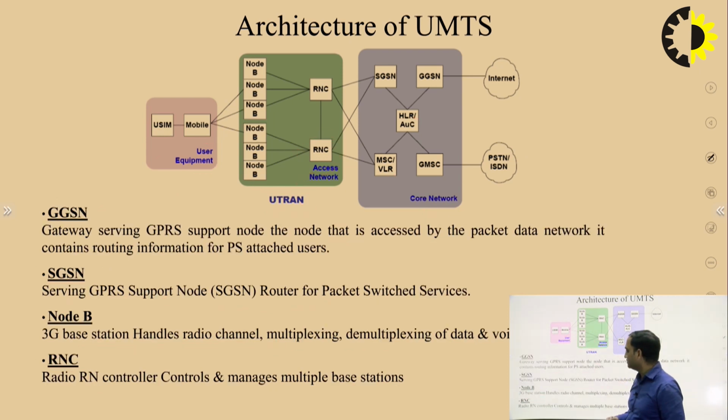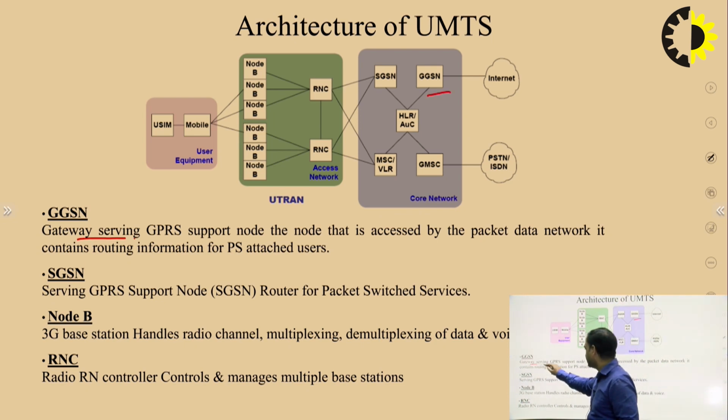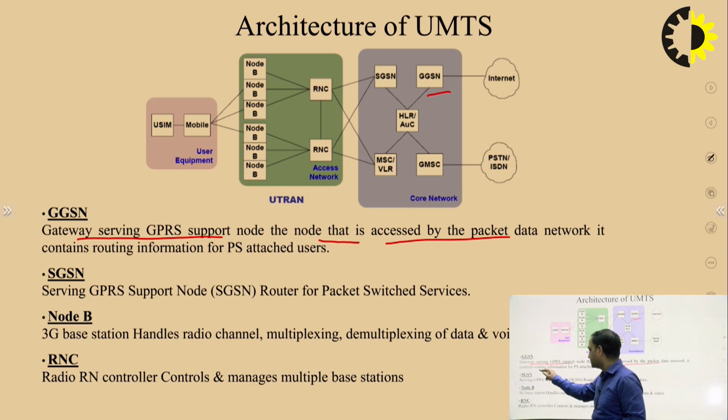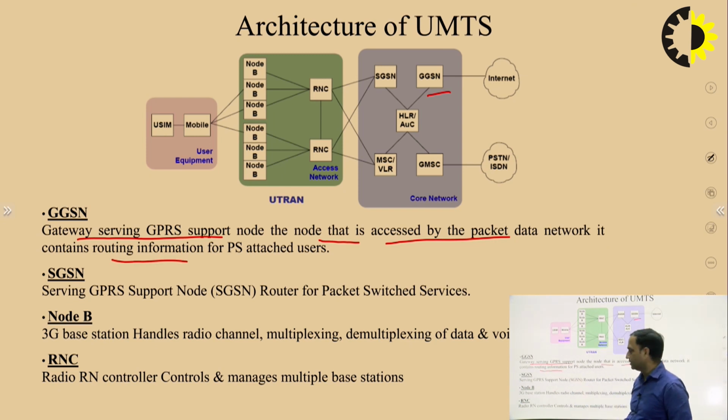Then next is the GGSN, the gateway GPRS support node, which is accessed by the packet data network. It contains the routing information for the packet source which is attached to the user.